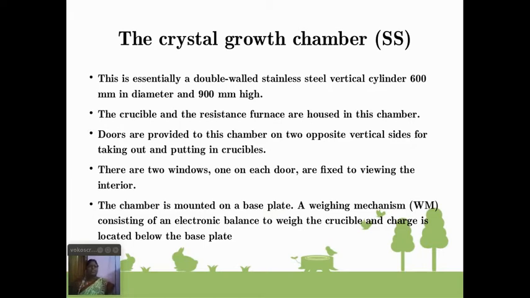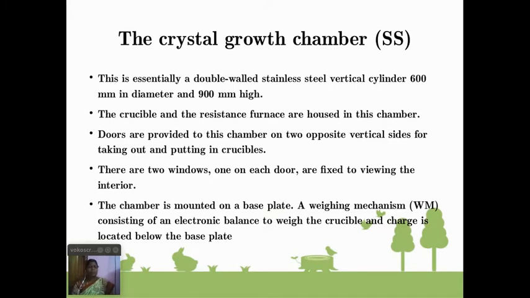The crystal growth chamber is essentially a double-walled stainless steel vertical cylinder whose dimensions are 600 millimeter in diameter and 900 millimeter in height. The crucible and the resistance furnace are housed in this chamber.